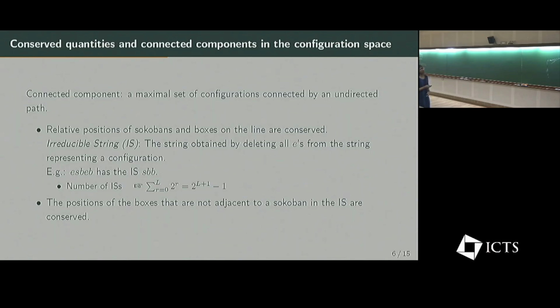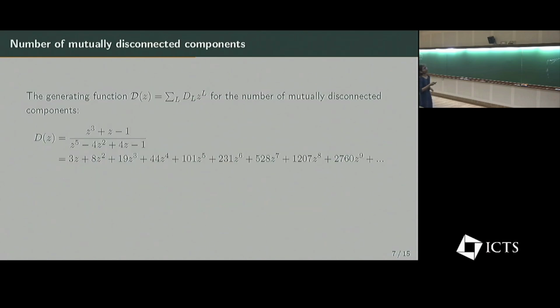For this dynamics, it turns out that the conserved quantities are the relative positions of boxes and Sokobans on the line, and the positions of the boxes that are not adjacent to a Sokoban. These are the conserved quantities for the dynamics which involves pulling in addition to pushing, and this gives the total number of conserved quantities in the system, and the number of conserved quantities gives the total number of mutually disconnected components in the configuration space.